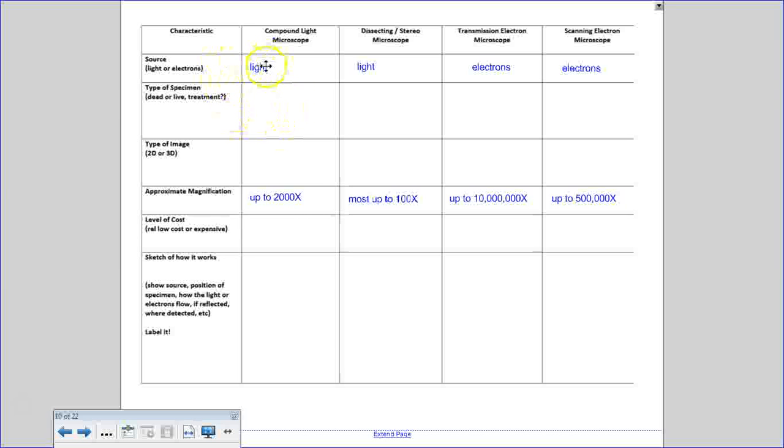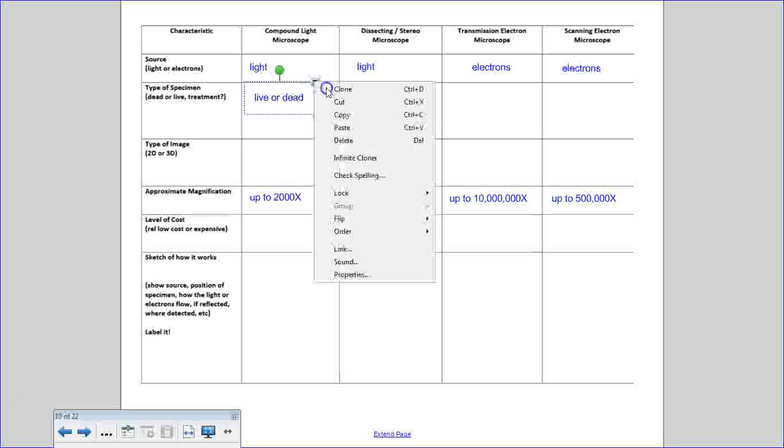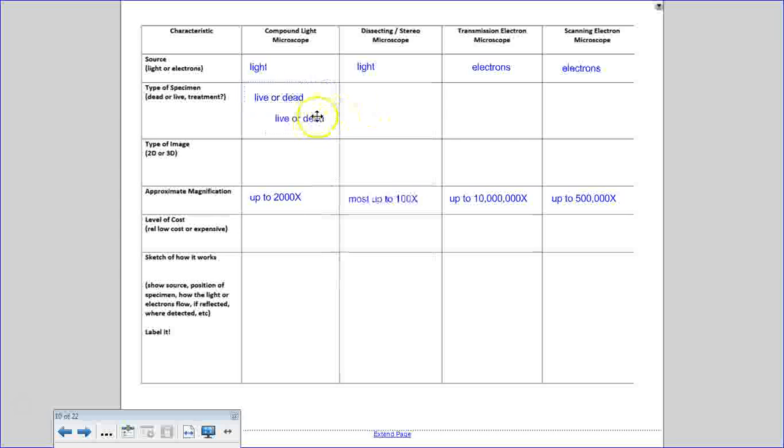Now, the next part. Can you use dead or live specimens, and does it have to be treated? With compound and dissecting microscopes, you can use live or dead specimens. Sometimes they might use staining, but it depends on the specimen.